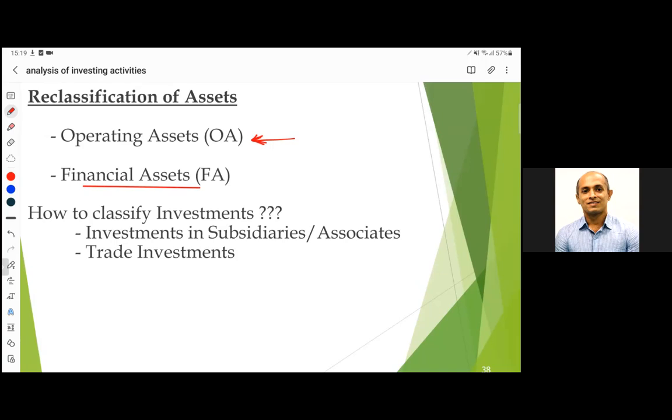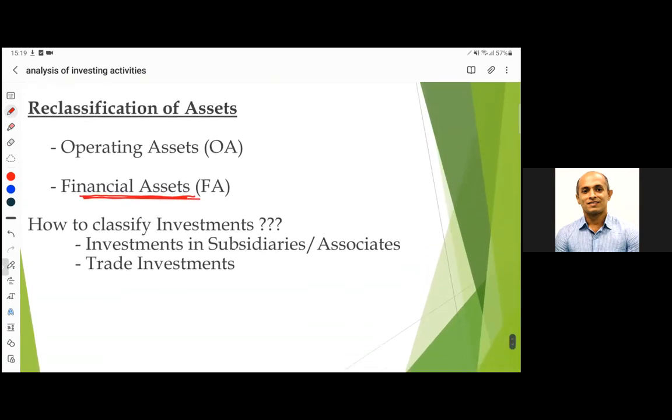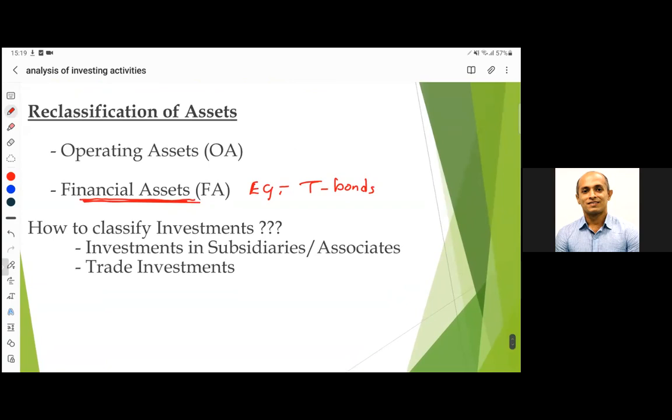Assets that are not related to the operations, you need to categorize as financial assets. Example, investment in treasury bonds. If it is not part of your operations, it's a financial asset.